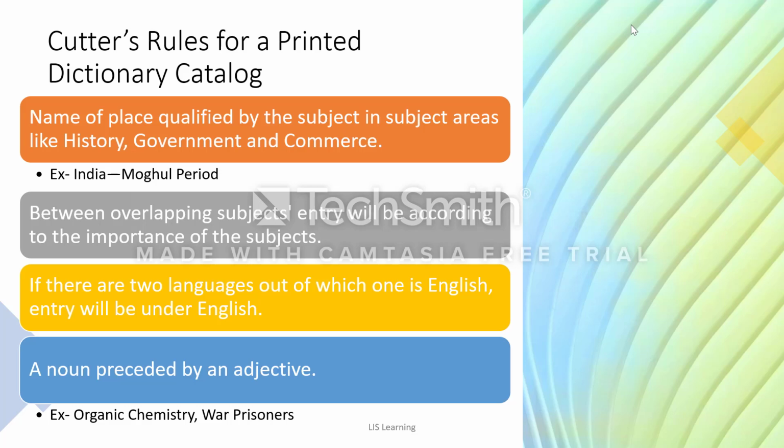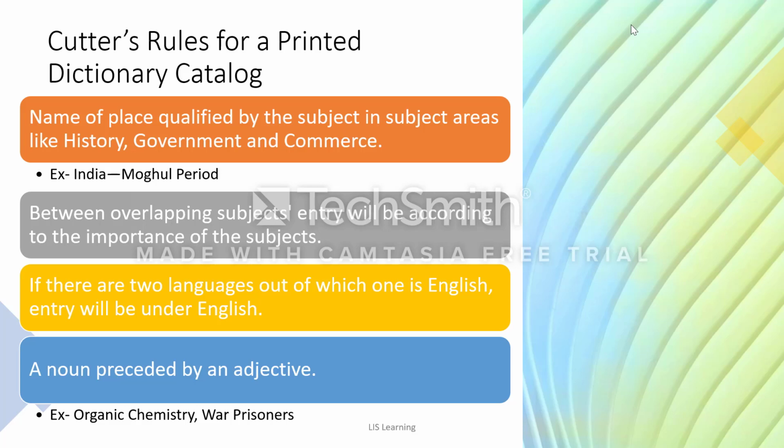In the next rule, he said that between overlapping subjects, entry will be according to the importance of the subject, and here the decision of the importance of the subjects depends on the indexer. If there are two languages, out of which one is English, entry will be under English. Here the bias is clearly visible, as he preferred the English language over other languages.